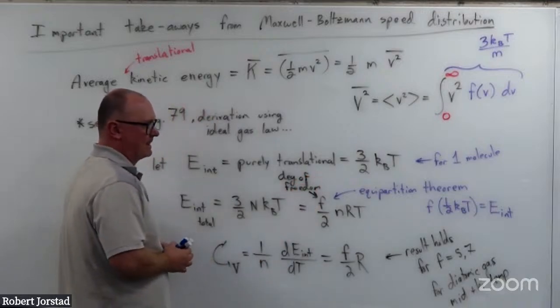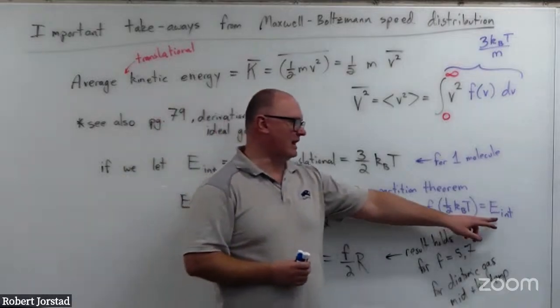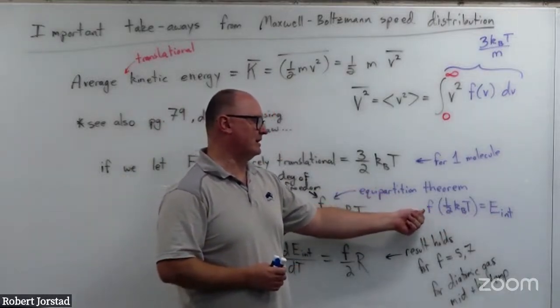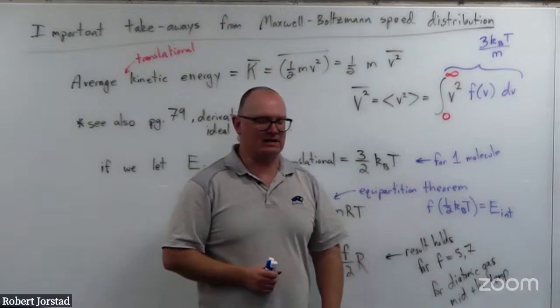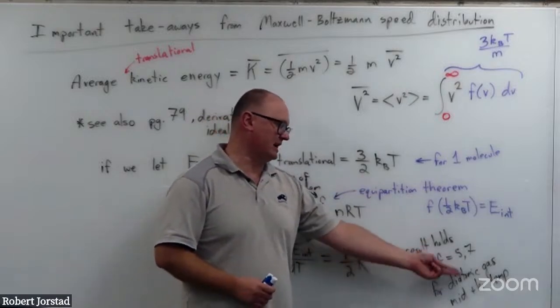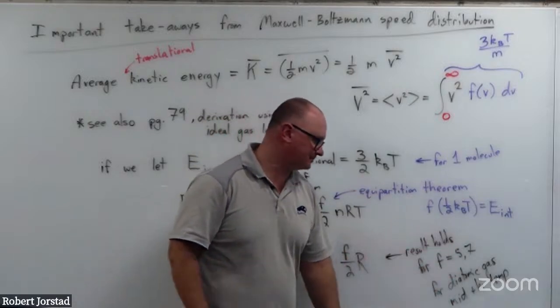All right? And so the internal energy is the degrees of freedom times 1/2 k Boltzmann T. And this actually holds whether you're doing diatomic gas or whatever have you.